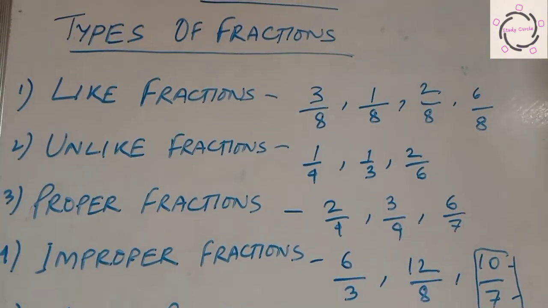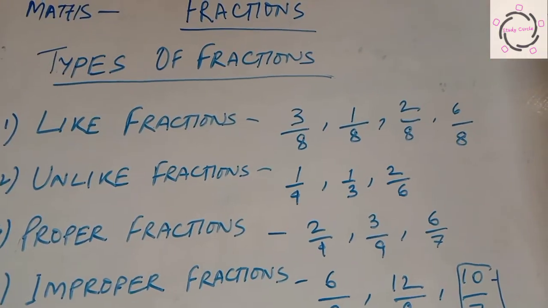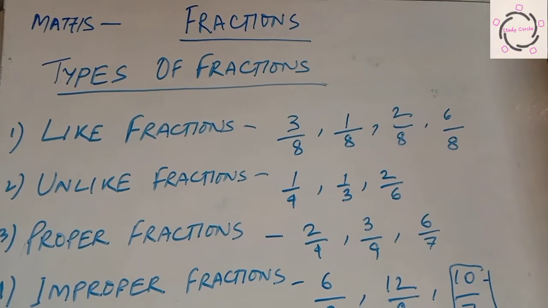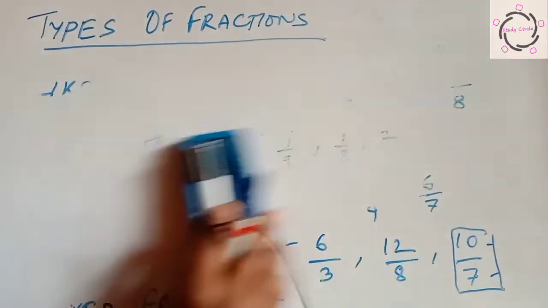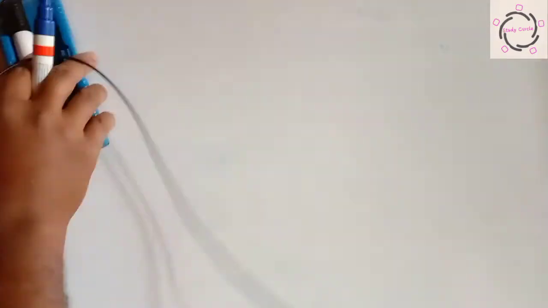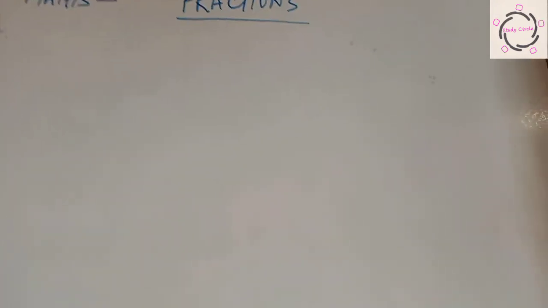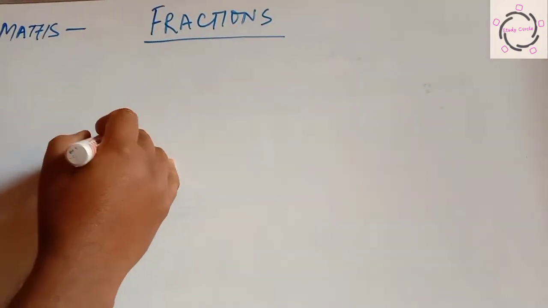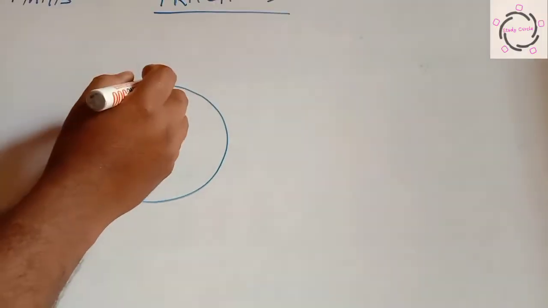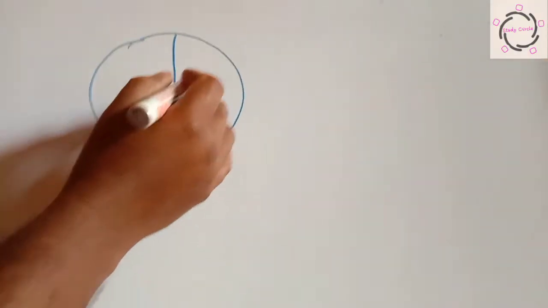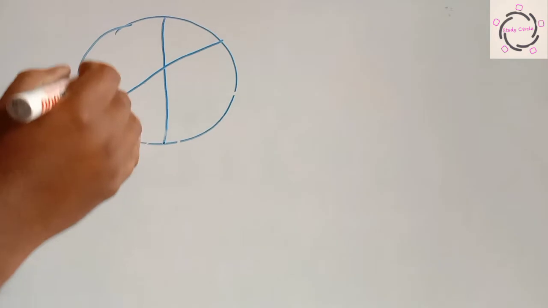Now for sums, I should discuss a few examples for the lower classes, because these are the basic things. So if I say this is a whole circle, I am dividing the circle into several parts.